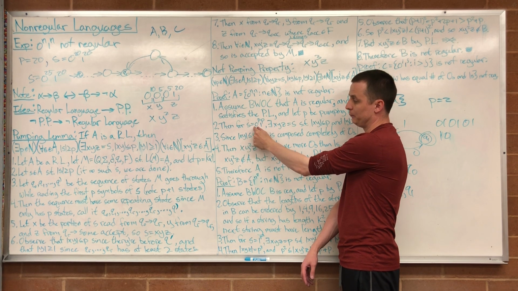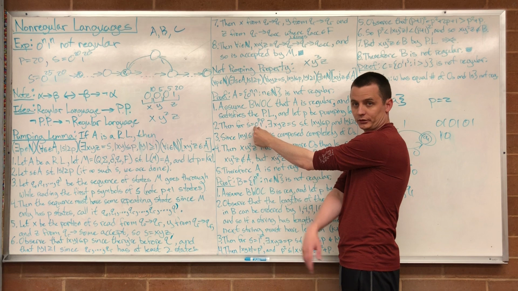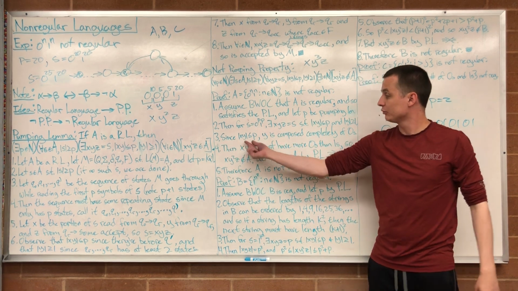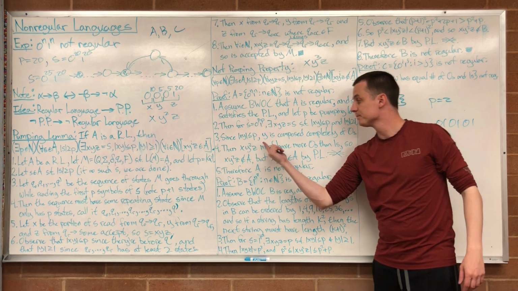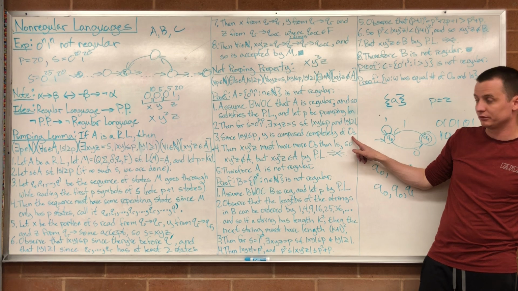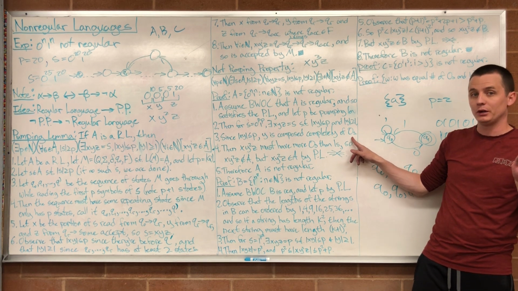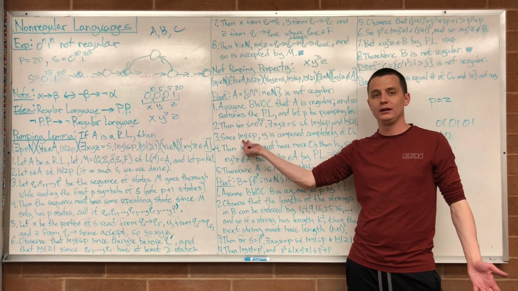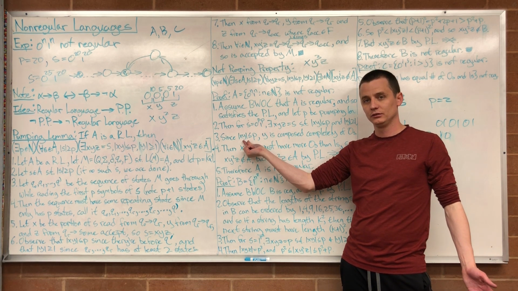So xy has to be completely zeros. Since xy is less than or equal to p, I know that y is composed completely of zeros. The loop is nothing but zeros. If xy is nothing but zeros, y by itself is obviously nothing but zeros, right?